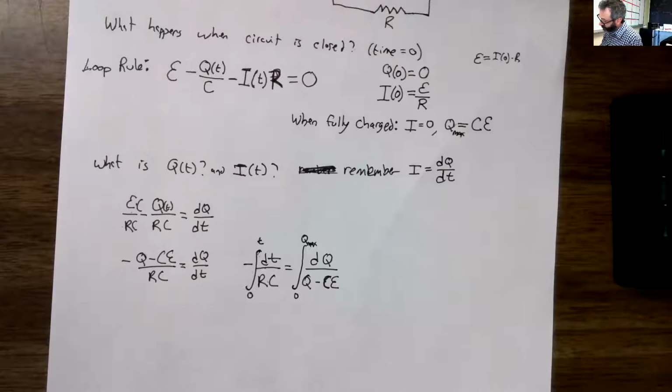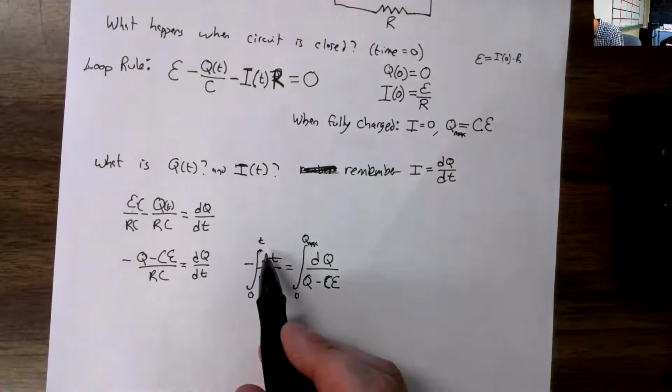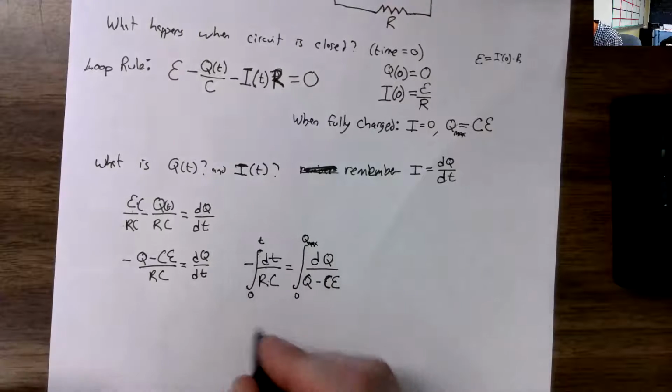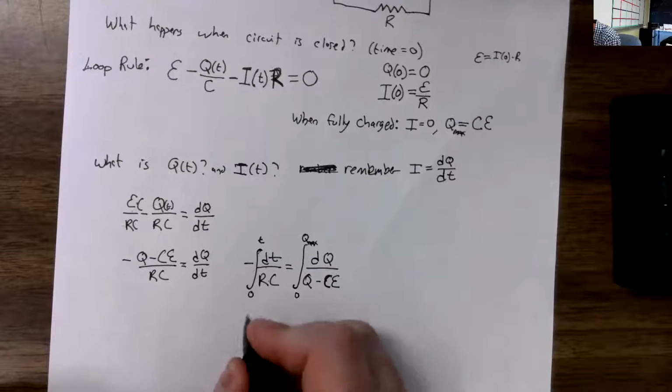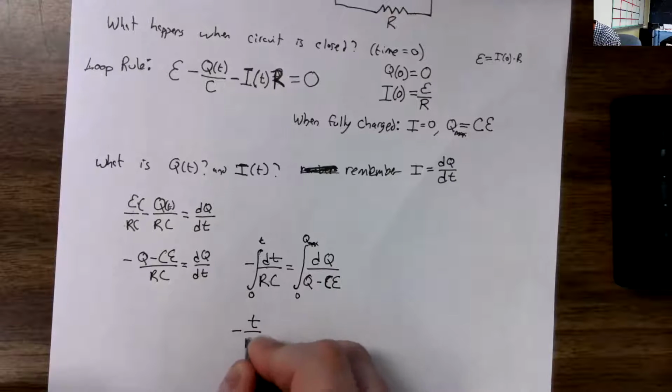What function has a derivative of 1? X. Yeah, just x. And in this case, since we're doing t, it's just t. So if I integrate from 0, I'm just going to get 0, and then from t, I'll get the value for time. This side, I'm just going to have minus t over RC.